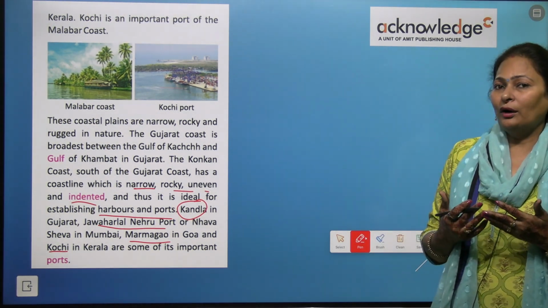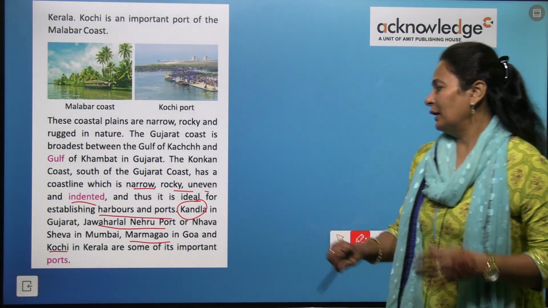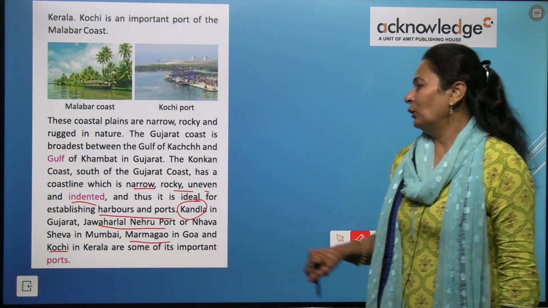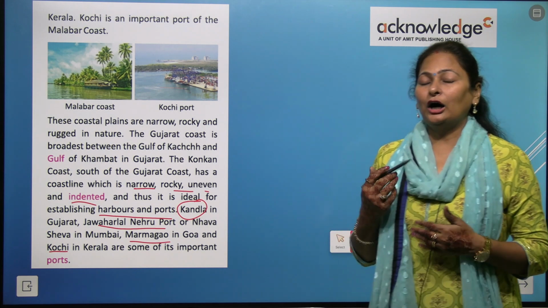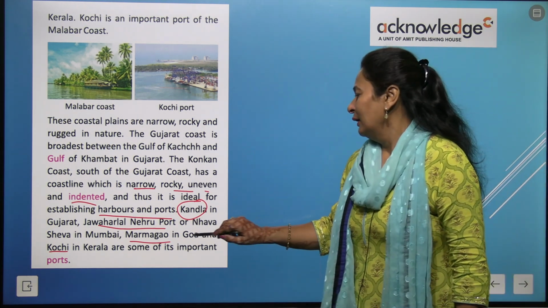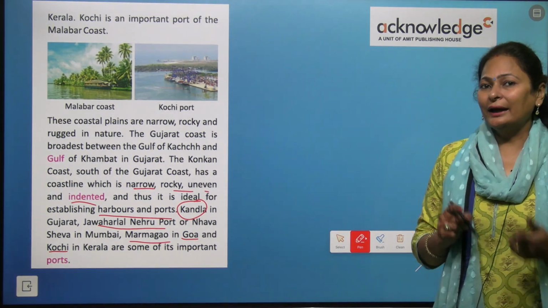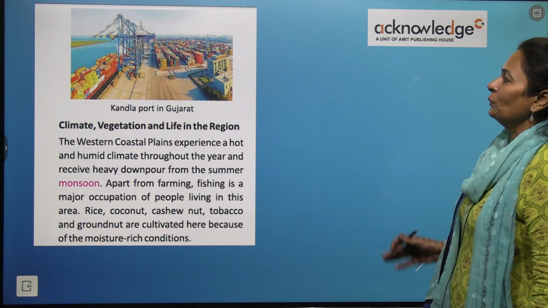And the important ports of these coasts are Kandla in Gujarat, Jawaharlal Nehru or Nhava Sheva in Mumbai, and Marmagao in Goa. Right. Kochi is an important port in Kerala. Are some of its important ports.